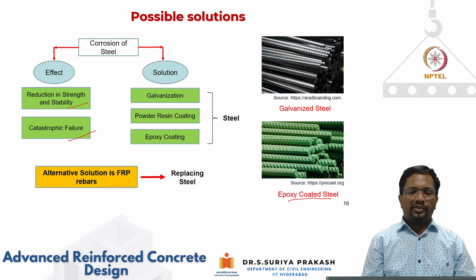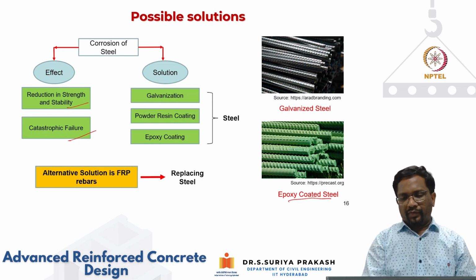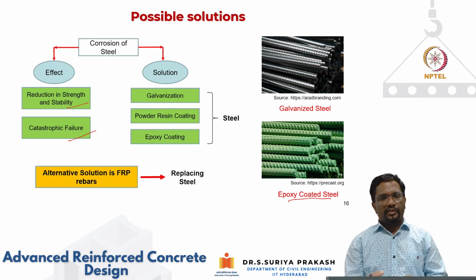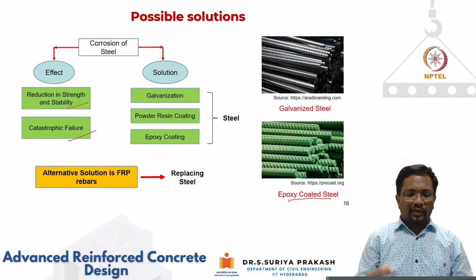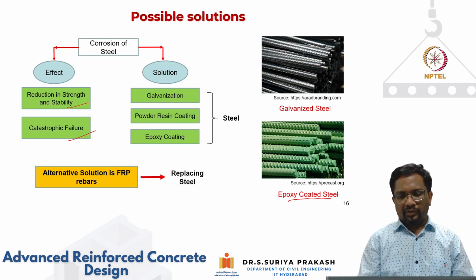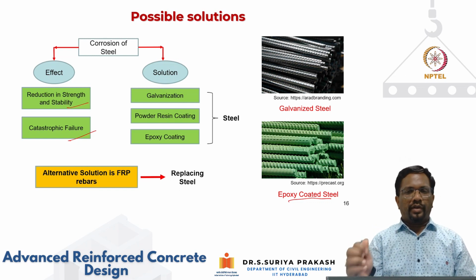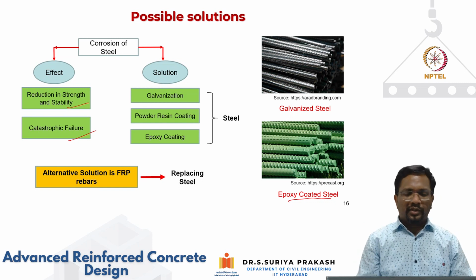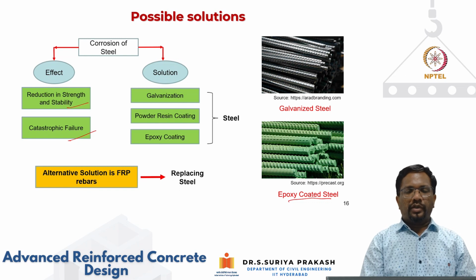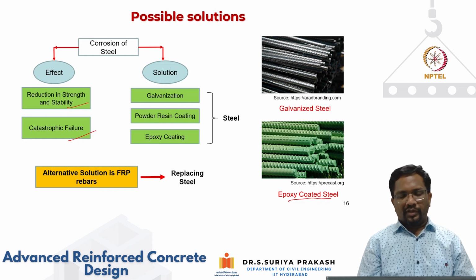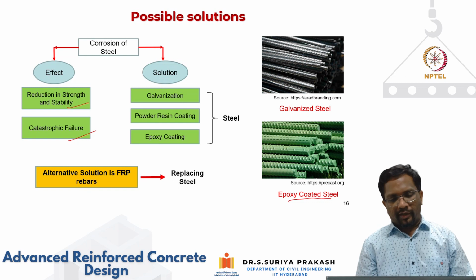But some research is showing that if you're not careful while you handle these epoxy coated rebars, it can in fact aggravate the corrosion. You can lose this coating in a localized way, and it can induce localized corrosion or pitting corrosion. So this is also not a good solution if these coated rebars are not handled properly.